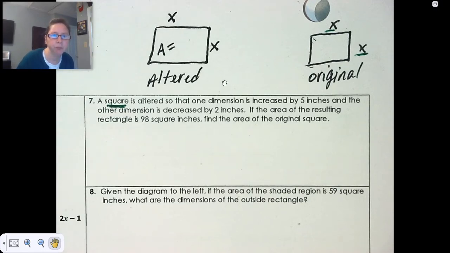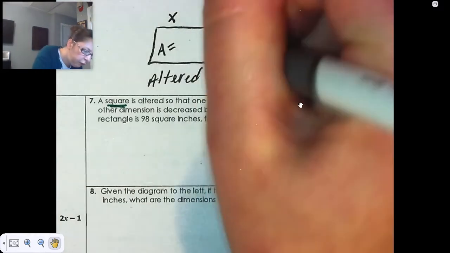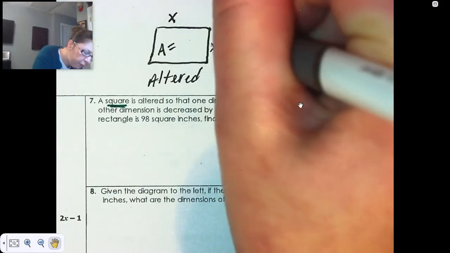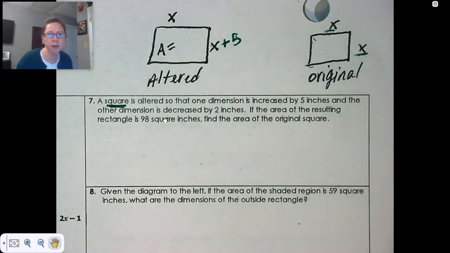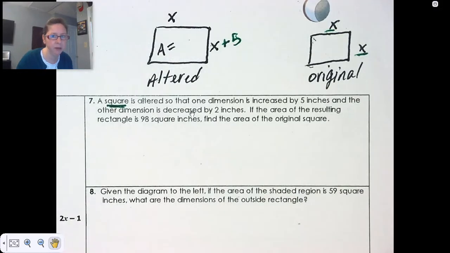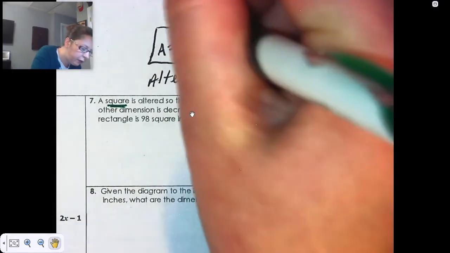Now, this says so that the dimensions, one is increased by 5. So it doesn't matter which one. So this will be increase means plus, so plus 5. And the other dimension is decreased by 2. So decrease means subtraction.